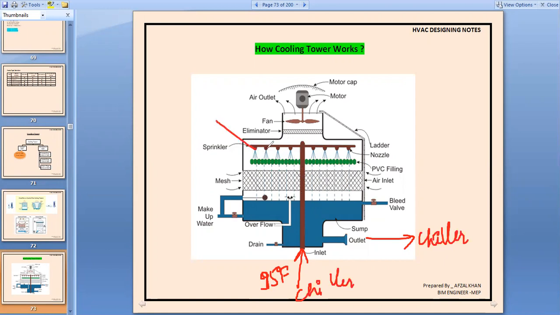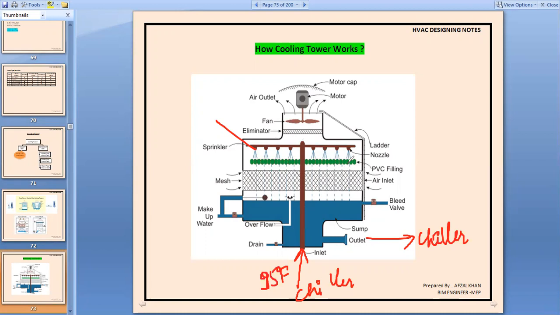These are the nozzles, or you can say sprinklers. So when the water from the chiller at 95 degree Fahrenheit enters this header, it is distributed among these sprinklers. Now from the sprinkler the hot water splashes on this PVC filling.